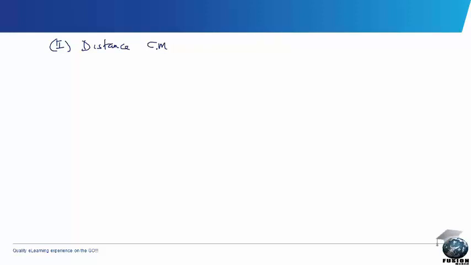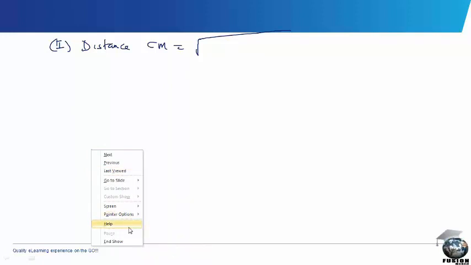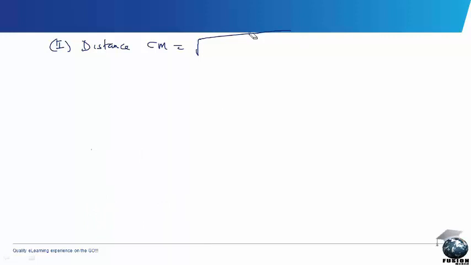Alright, and I hope we've not forgotten the formula for distance, defined as the square root of x2 minus x1 squared plus y2 minus y1 squared, the sum of their distance of separation.